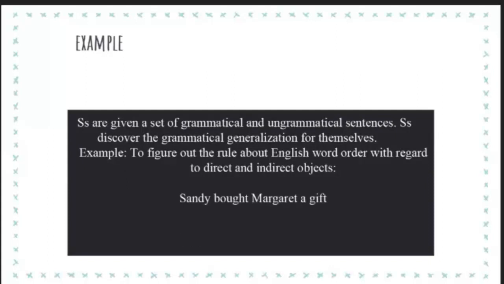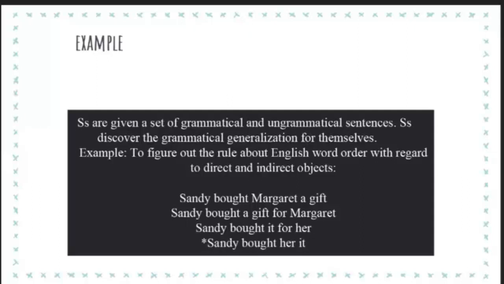For example, Sandy bought Margaret a gift. Sandy bought a gift for Margaret. Sandy bought it for her. And Sandy bought it her. Students discover which ones are grammatically correct and incorrect in the list of sentences.